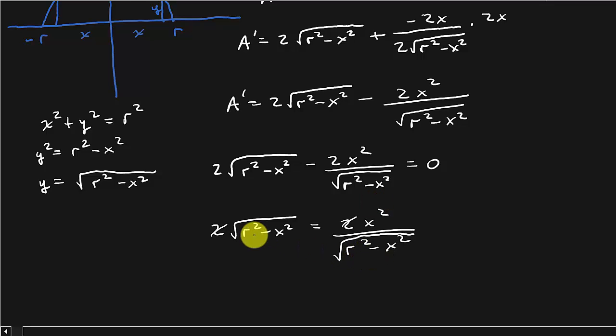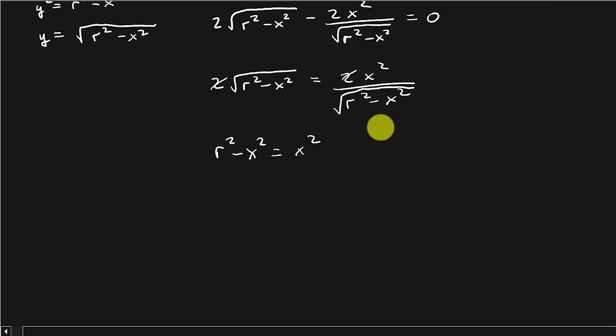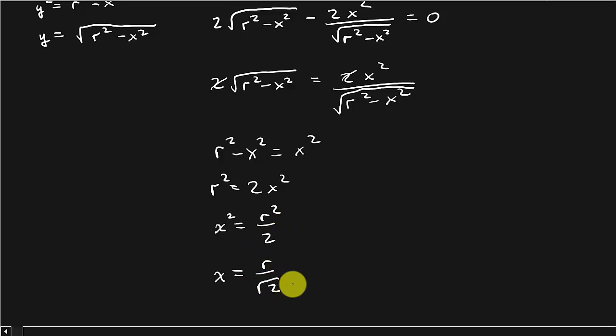And then if I multiply this times this, that's going to give me r squared minus x squared equals x squared. And so I get r squared is equal to 2x squared. And so that's going to give me x squared is equal to r squared over 2. And so x is equal to what? r over square root of 2.